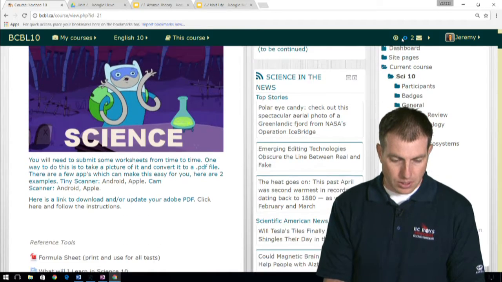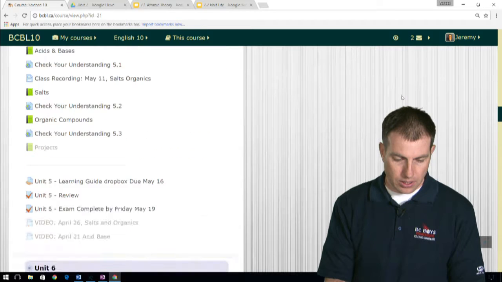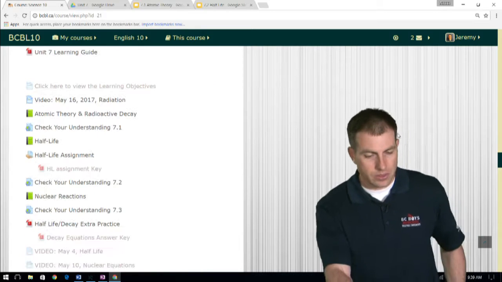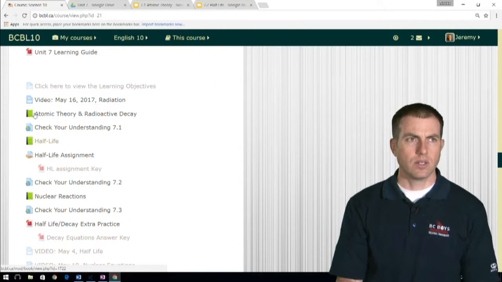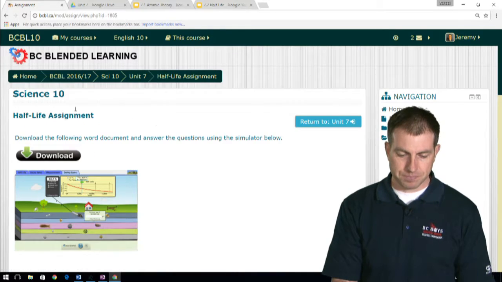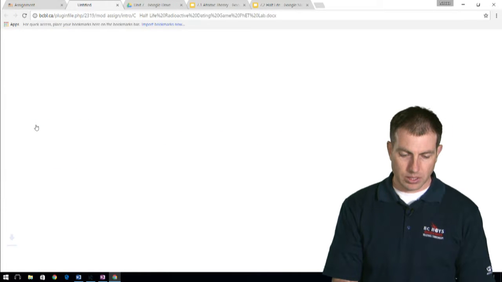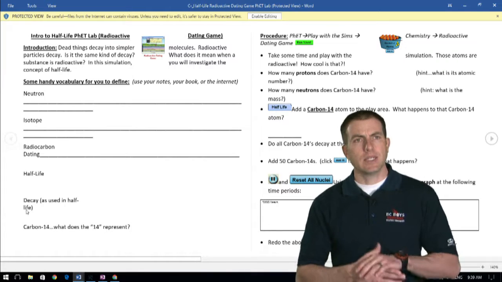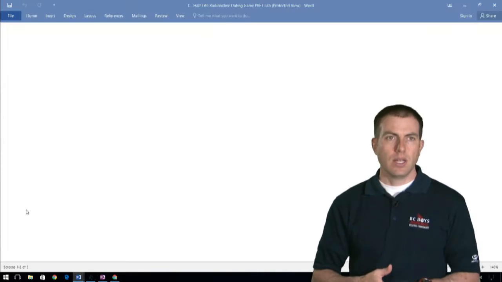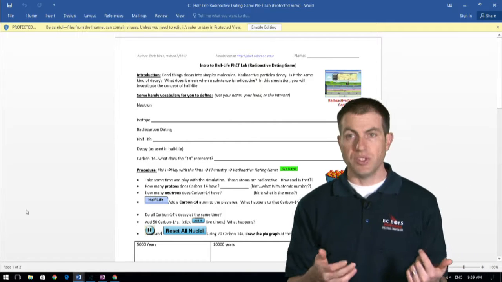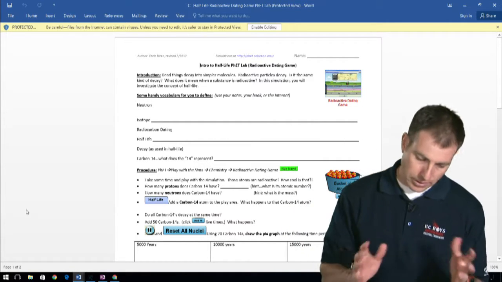But in the course, there is, find the right unit, there we go. There's the half-life section, so we've kind of just touched on a lot of the half-life stuff. And then there's a half-life assignment. If you click on the half-life assignment and click on the download button, a Word document will download. It has some questions that go along with a simulated decay experiment.